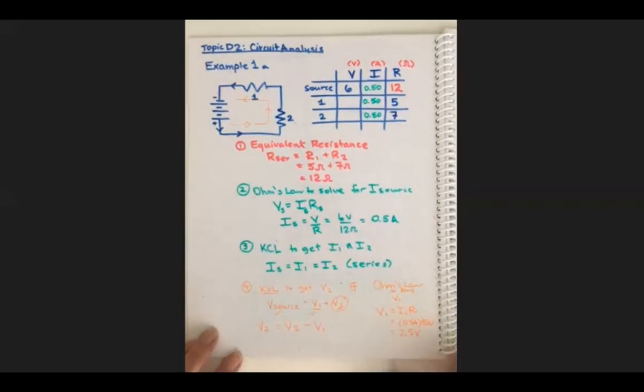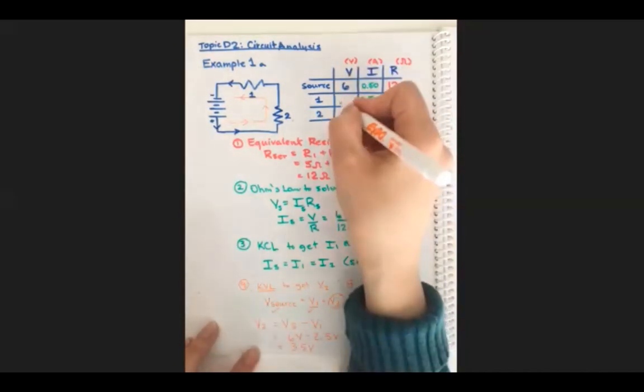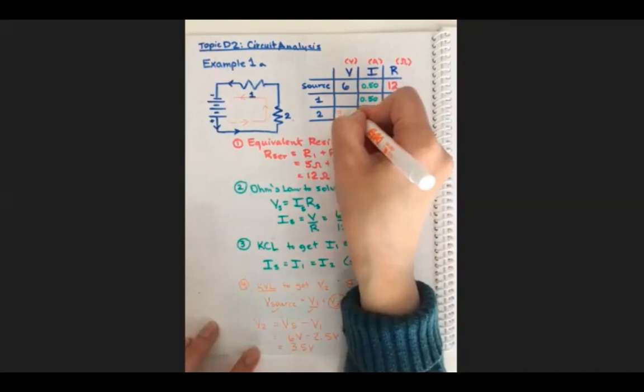I'm not sure, hopefully the contrast is good enough that you can see. This is a brand new marker, so it is very pointy. So 6 volts minus 2.5 volts is 3.5 volts. 3, 4, 5, 6. So 3.5 goes here and 2.5 goes here.